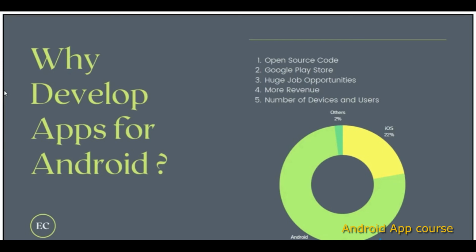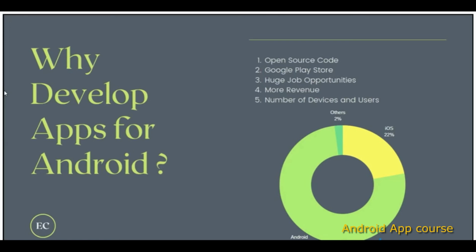So the fourth point is more revenue. As you can see, with so many applications and so many users, your revenue automatically starts climbing. Because of this revenue, you can easily start Android development and earn a good amount.